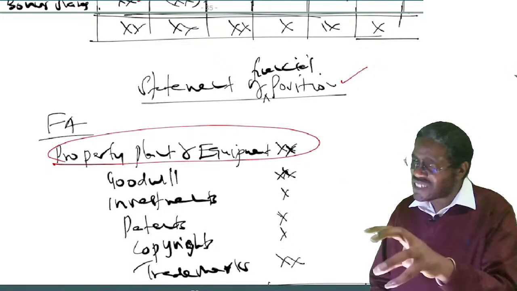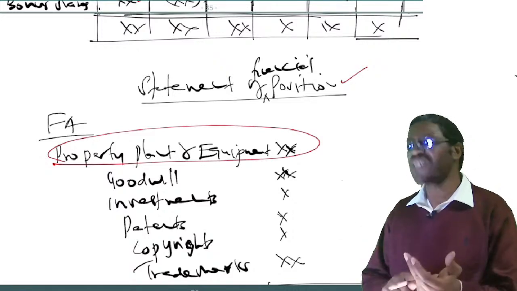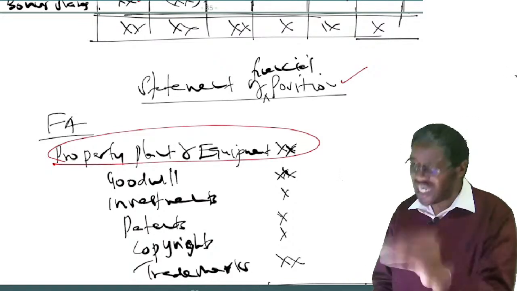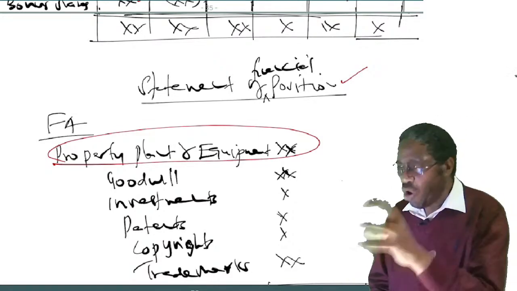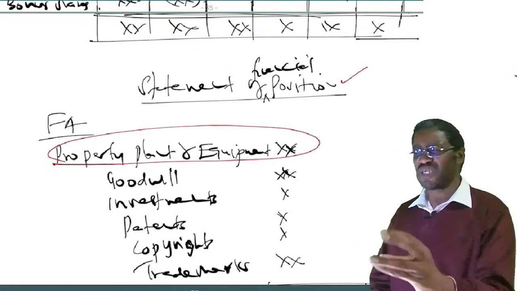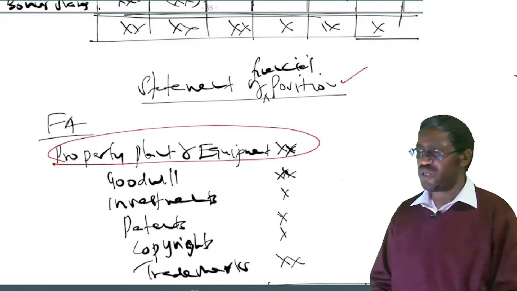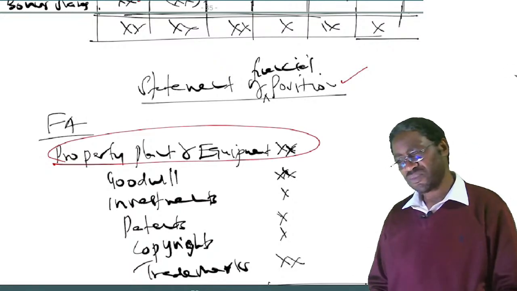So any asset that qualifies to be part of the property, plant, and equipment should all be combined into one amount. This is machinery, motor vehicle, furniture, land, building, office equipment, and any other.